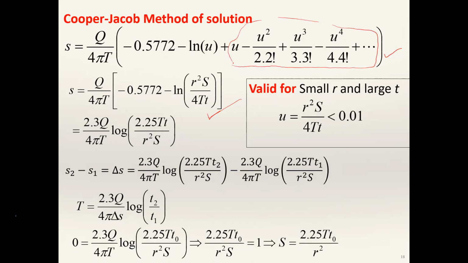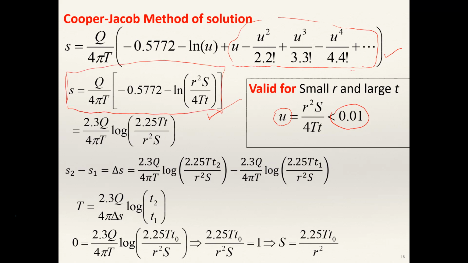But this is valid only if this u is very small. For example, if u is less than 0.01, then this part of the equation becomes very, very insignificant. Then only you can assume the equation like this.